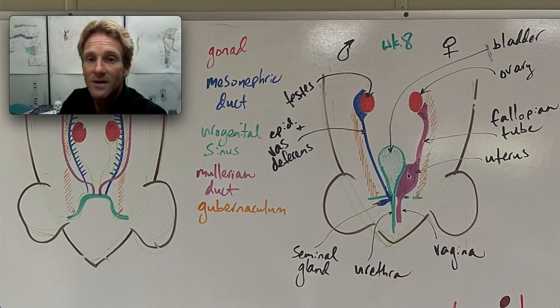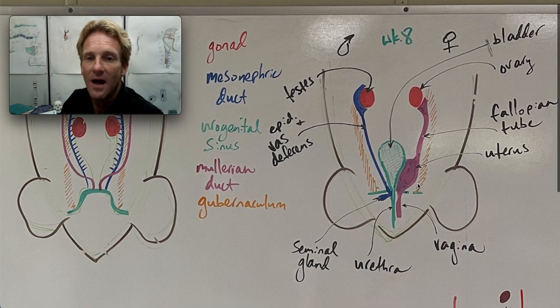Specifically, it's going to form into the uterus down here, and then the fallopian tube is going to be the part of the Müllerian duct that reaches up and grabs onto the ovary. Okay, the gubernaculum again is going to pull these structures downwards into the pelvic cavity, not as far down as it does for males, but it's still going to help position those structures.